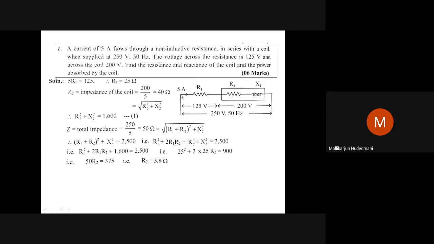Then 5 ampere is flowing through this circuit. Am I right? Then if 5 ampere is flowing through this, 5 into R1 must be equal to 125, as per the given data. How do I get 125? Current flowing through the resistance times the resistance. The current is given as 5, so 5 into R1 must equal 125. Therefore, what is R1? 125 divided by 5. I can get the answer for R1 directly from the first step itself.